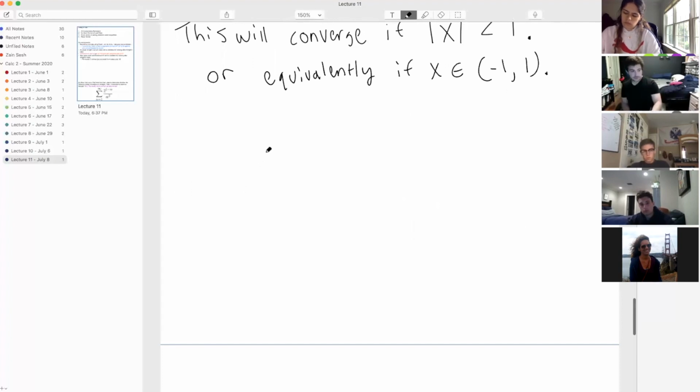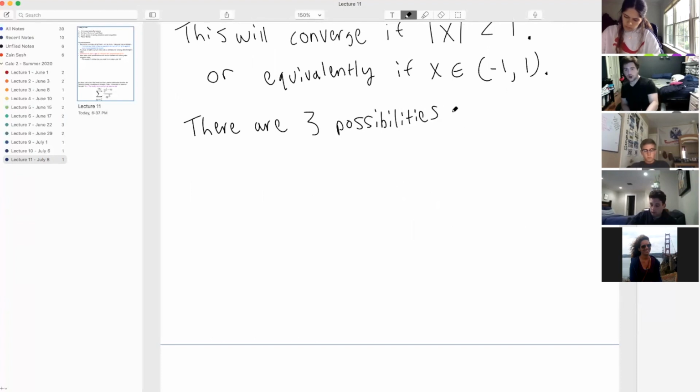So this leads us to a theorem. There are 3 possibilities regarding convergence of a power series.